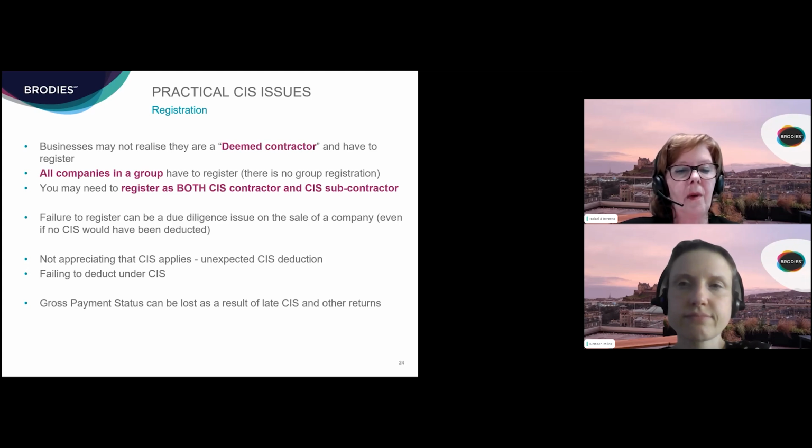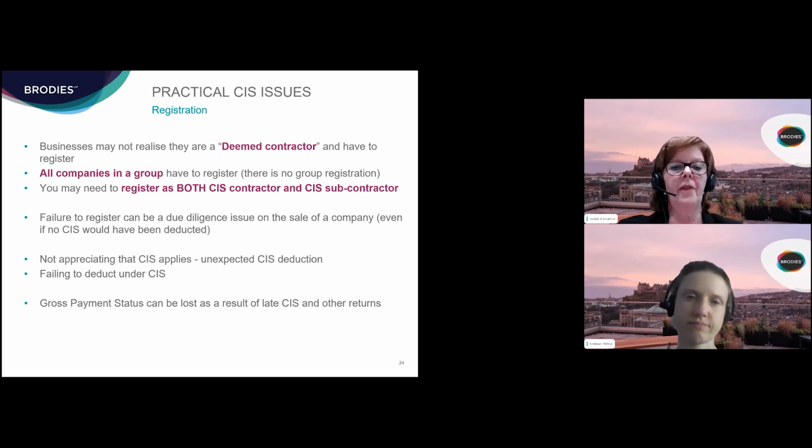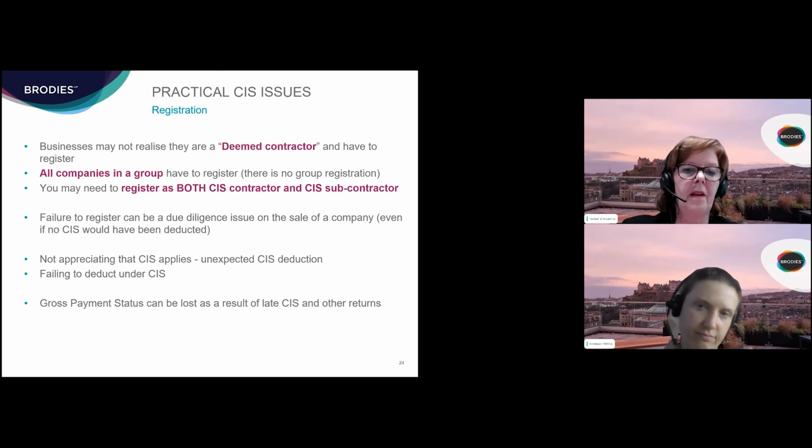And luckily we were eventually able to persuade the purchaser's bank that we would get it registered and it would catch up and so on. But that was a fairly hairy moment where it looked as though the sale wasn't going to go through just because the CIS hadn't been properly dealt with. So it is worth paying perhaps more attention to it than is often the case.